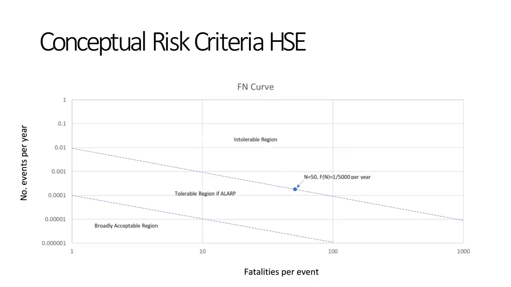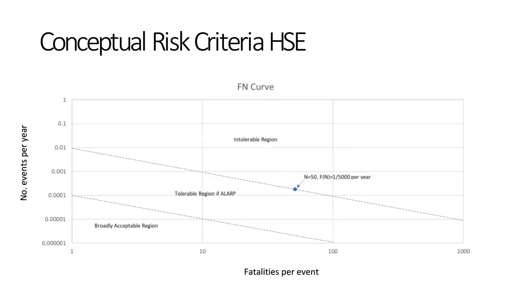The R2P2 defines one point with n equal to 50 and its cumulative probability equal to 1 chance in 5,000 per year, and if this point is placed on an FN curve and a line is drawn through it with a slope of -1, it provides a criteria comparison line.